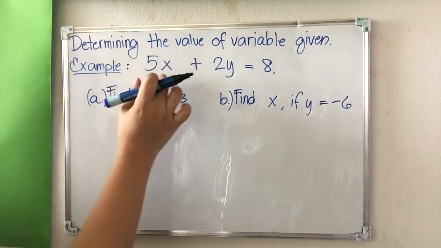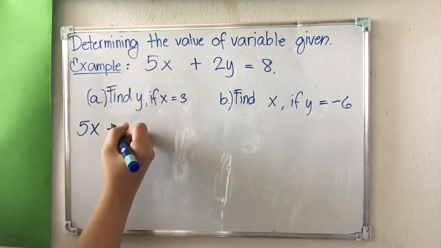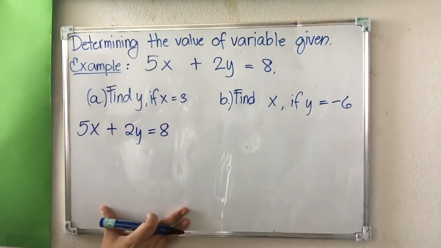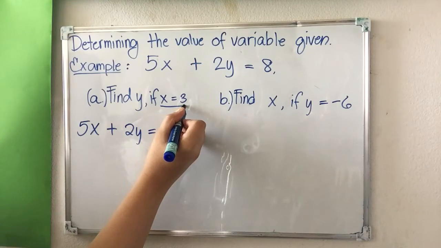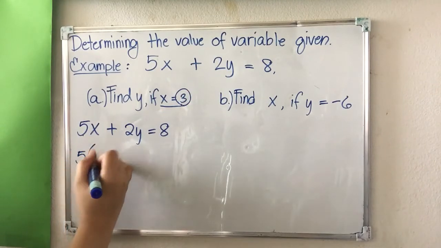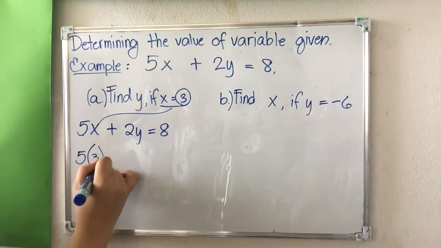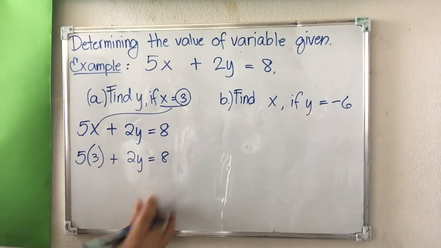So let's copy this one. We have 5x plus 2y is equal to 8. Alright, let's substitute the value of x by 3. So that is 5, now change the x into 3, plus 2y is equal to 8.